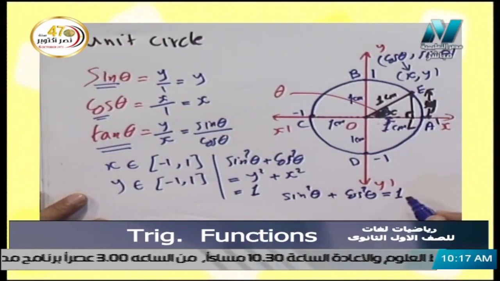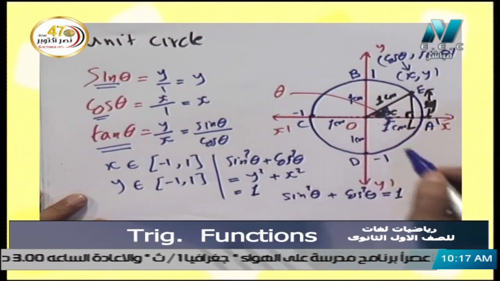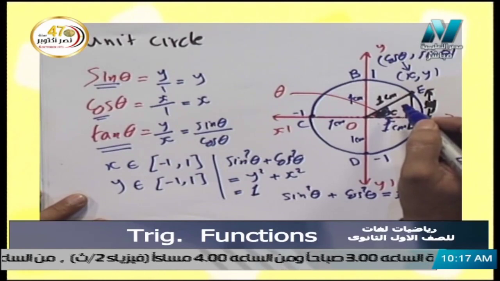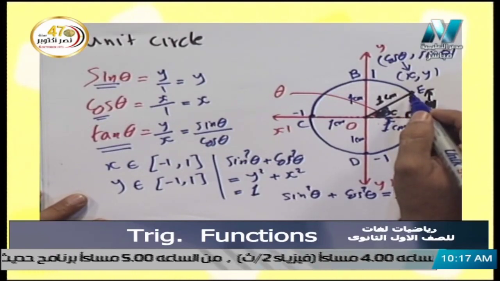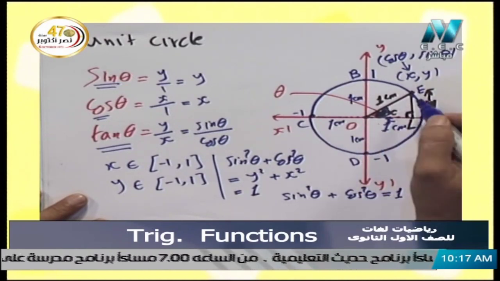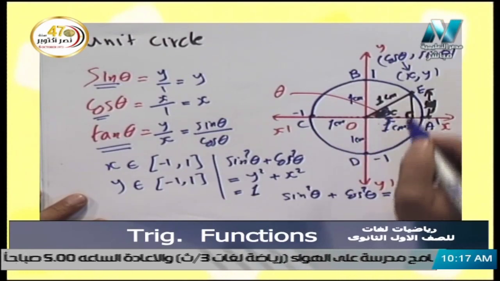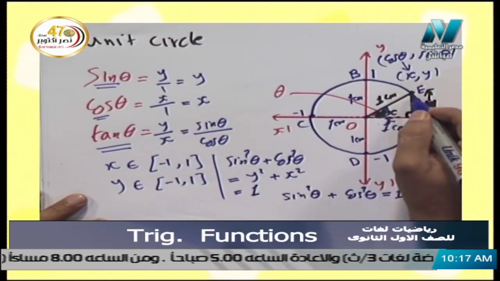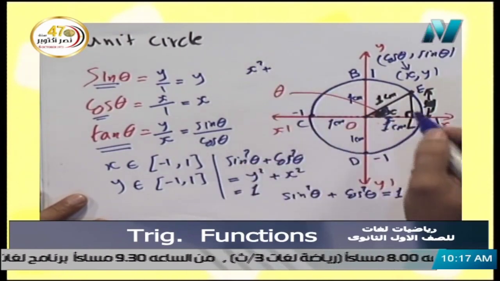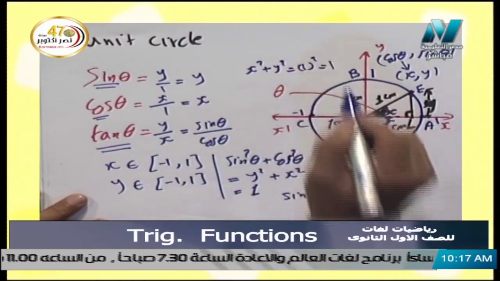Why are they equal to 1? Because we have here right angle triangle ELO, right angled at L, and if we want to apply Pythagoras theorem, EO power 2, which is hypotenuse power 2, of course equals y power 2 plus x power 2. So x power 2 plus y power 2 equals 1 power 2, which is equal 1.